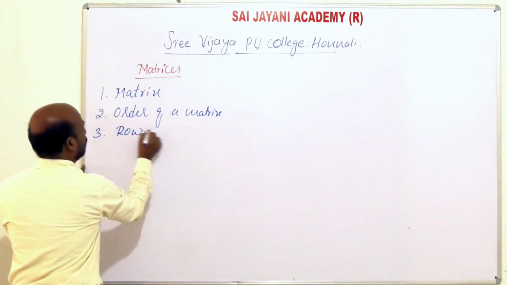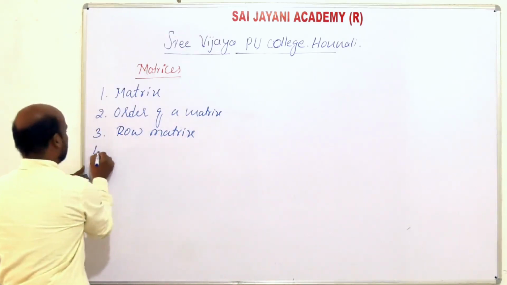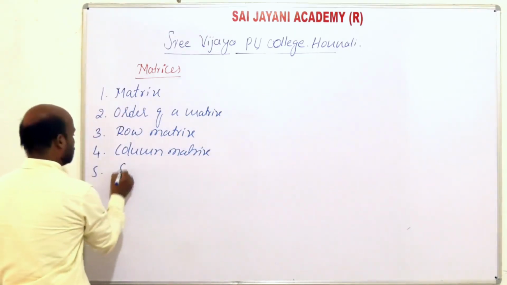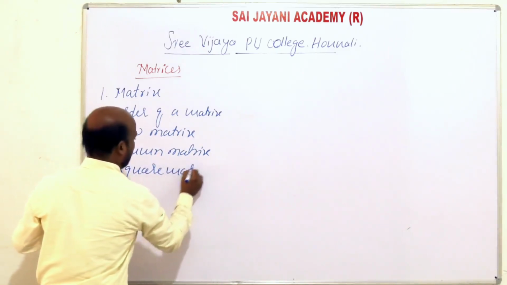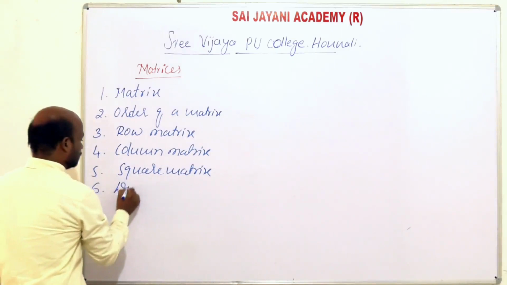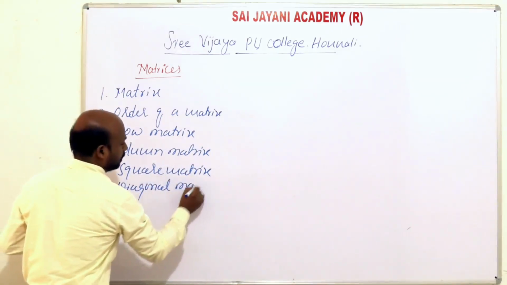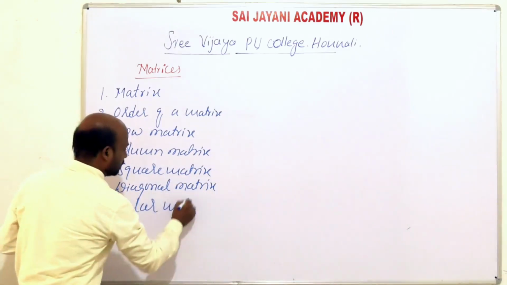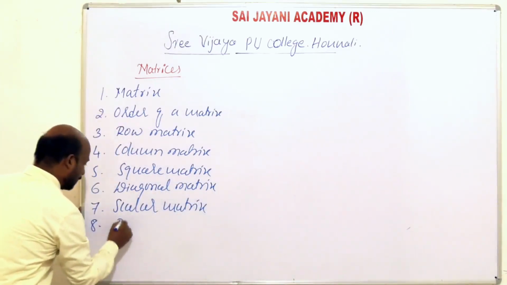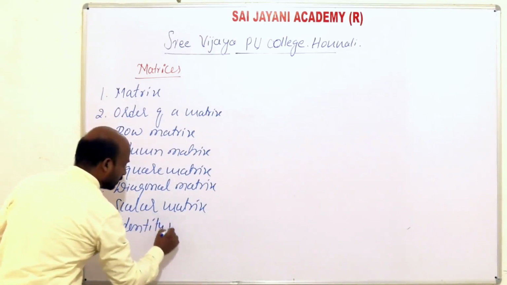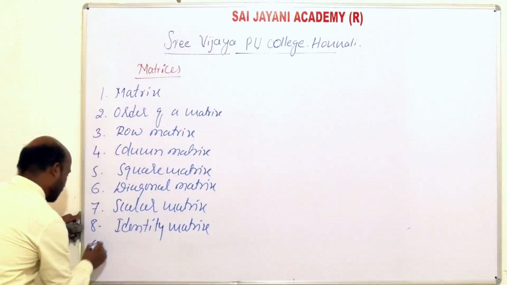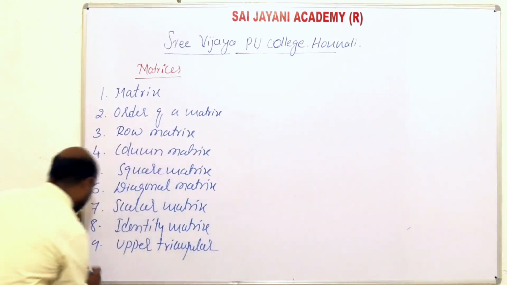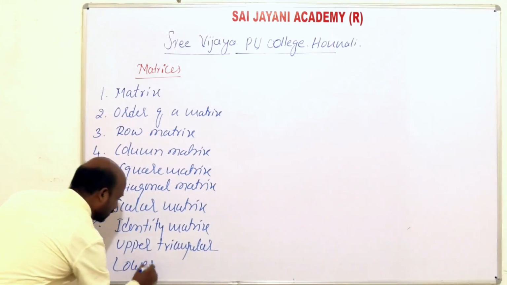Then row matrix, column matrix, square matrix, diagonal matrix, scalar matrix, identity matrix, upper triangular matrix, and lower triangular matrix.